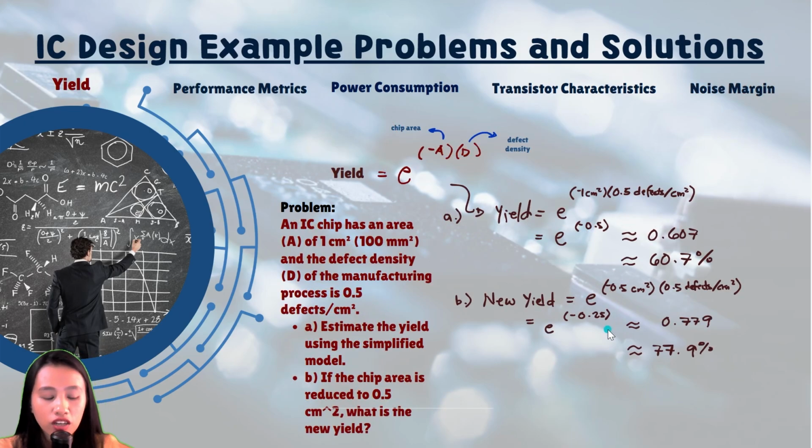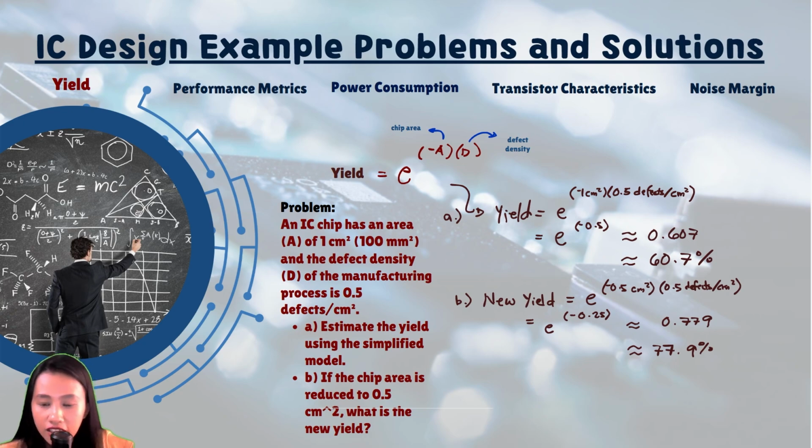And then the last one, if you're looking for the yield, the results or the output. So yield is equal to e to the negative of our chip area times our defect density. So if our chip area, for example in this case, is 1 centimeter square, and for every 1 centimeter square we have 0.5 defects. Multiply that, and that will be the exponent of our natural number e.